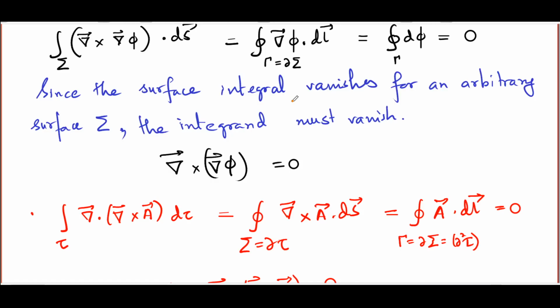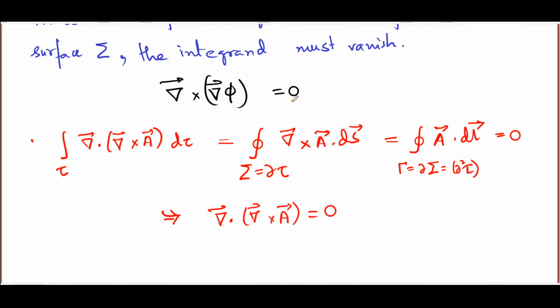Now since we are talking of a surface integral of curl of a vector field here, we can use Stokes' theorem on this and replace that by the line integral of A dot dl over gamma, where gamma is the boundary of this sigma, which of course is in turn the boundary of tau. But the boundary of a boundary is always 0.